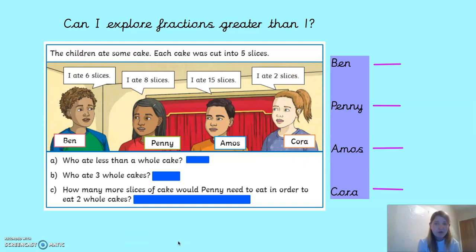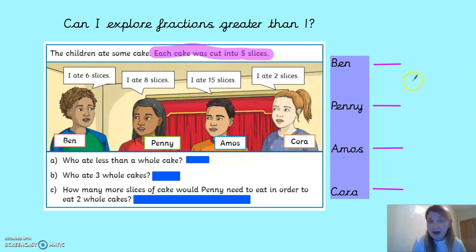Now, to begin with, what I think we want to try and do is work out what information this is giving us, how we can turn that into fractions. So if we look at this very first sentence, and I'm going to highlight it for you. Each cake was cut into 5 slices. Have a think, what information does that give us?